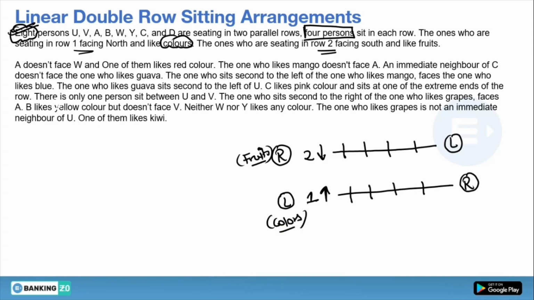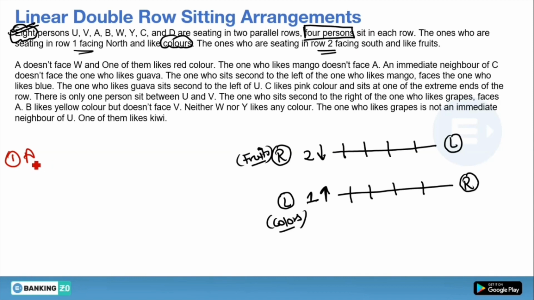Okay, so let's start. A does not face W and one of them likes red color. See, we cannot start from this information because we don't know which person is sitting in which row, as it is not specified in our question. We have simply mentioned that there are 8 persons, so for this we have to make a footnote.